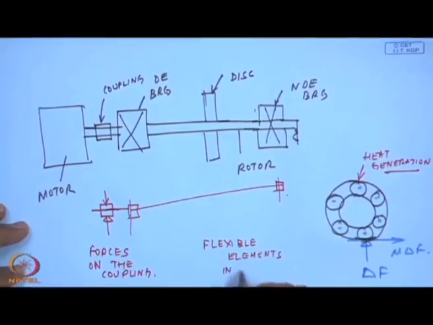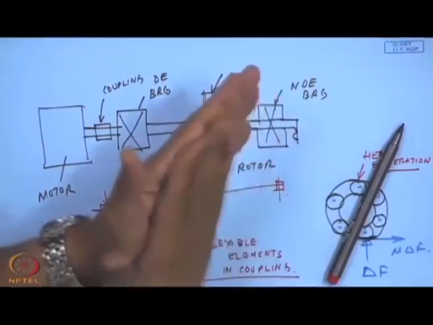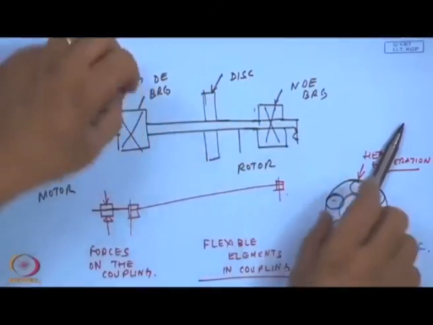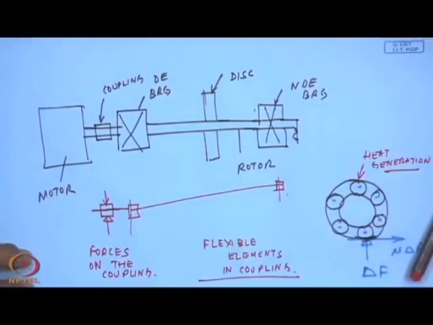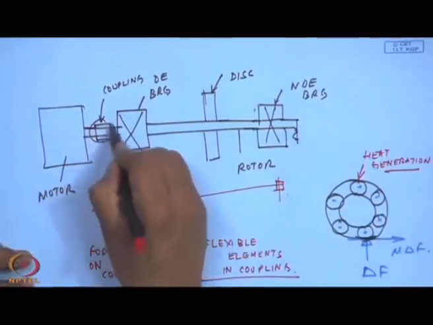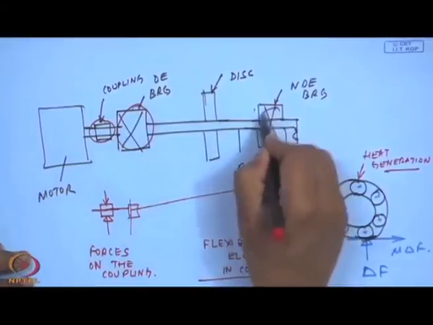So, flexible elements in the coupling will also get heated up, because there is a sliding of this flexible element in the coupling because of the forces, and heat is being generated. So, couplings will become hot, bearings will become hot.